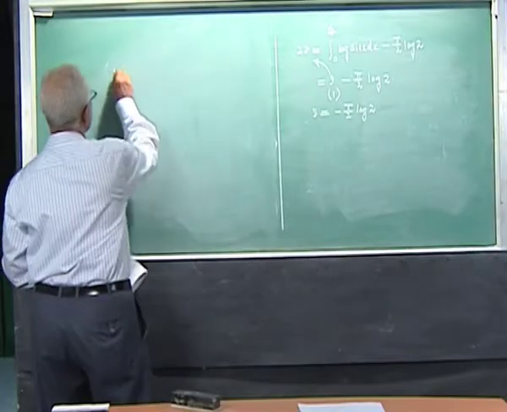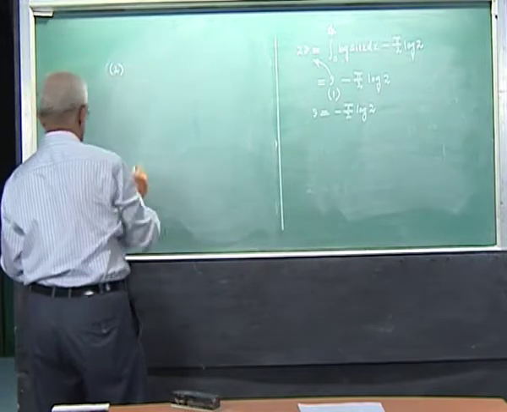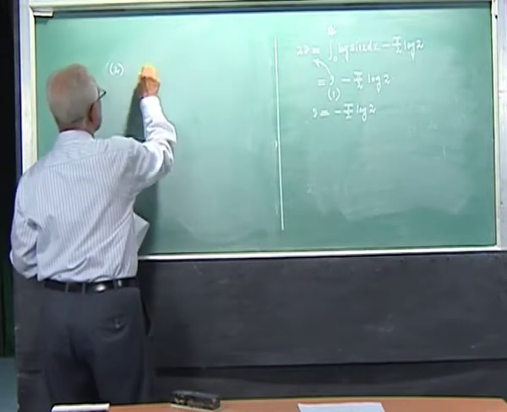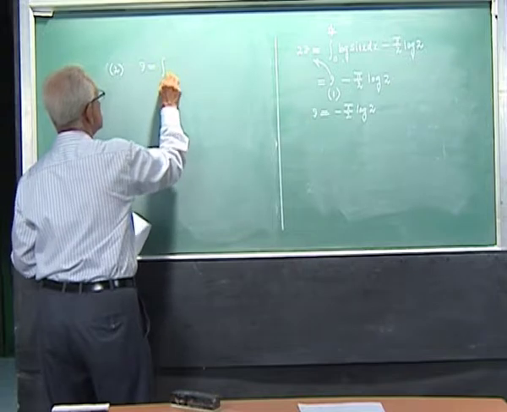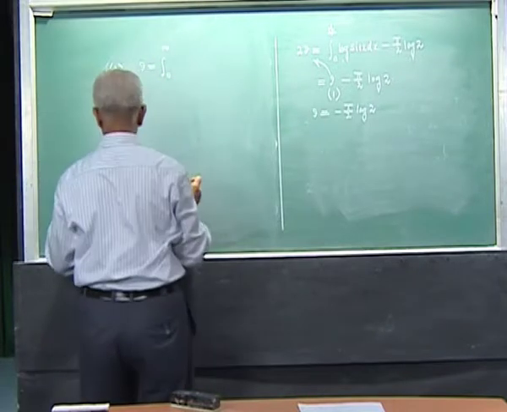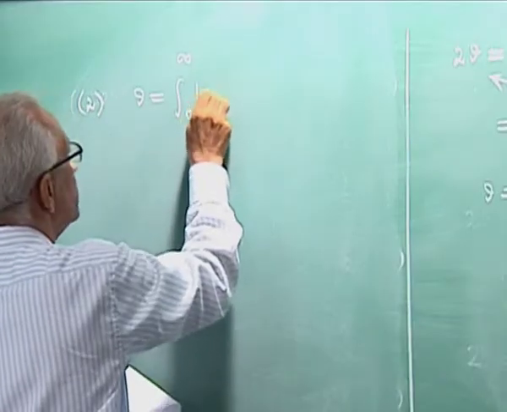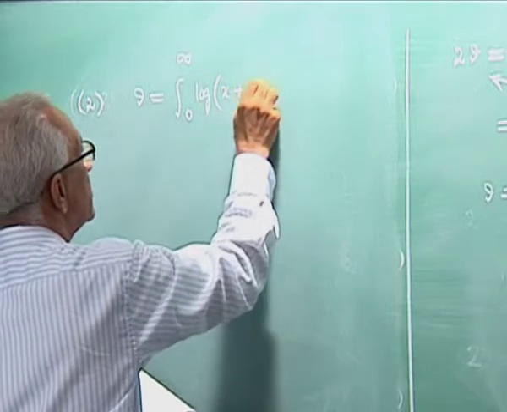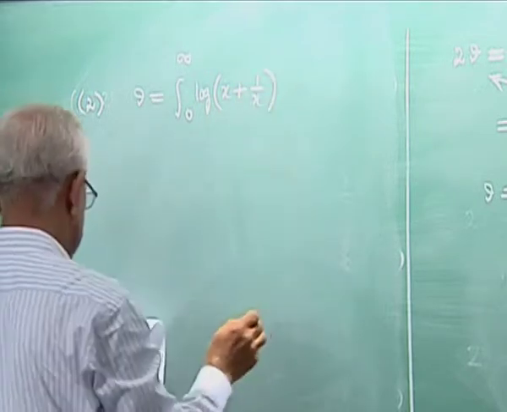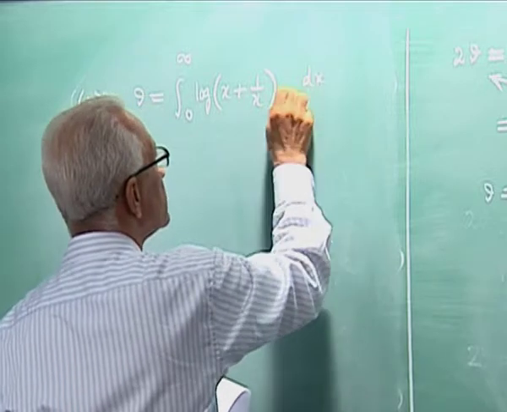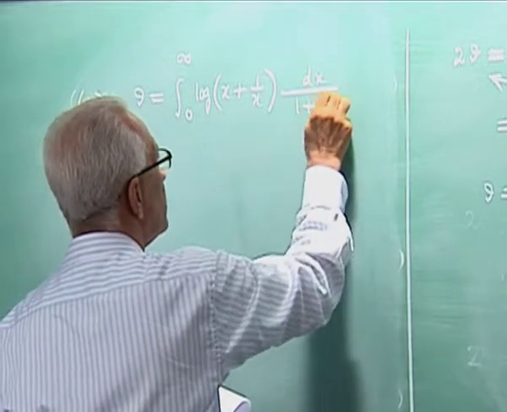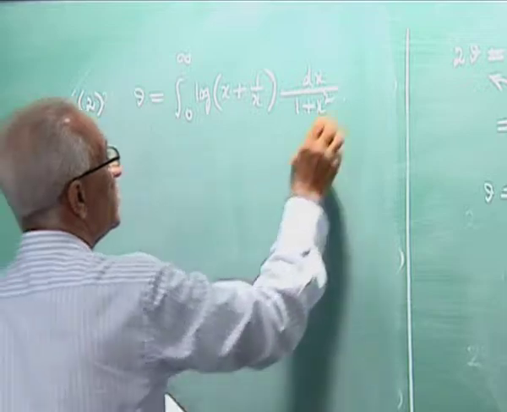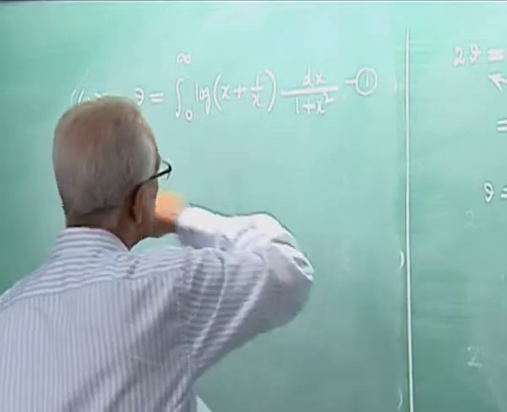The second question, the second example using properties, I will be having this to solve, 0 to infinity log of x plus 1 upon x, dx upon 1 plus x square. I will mark it as 1 to start with.